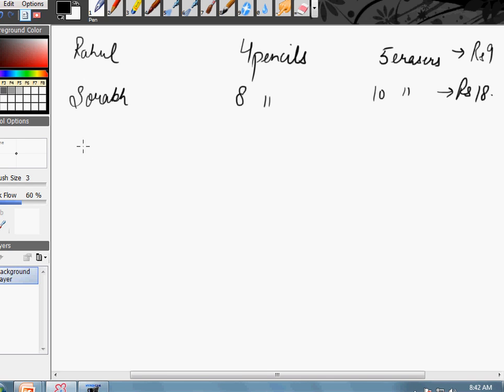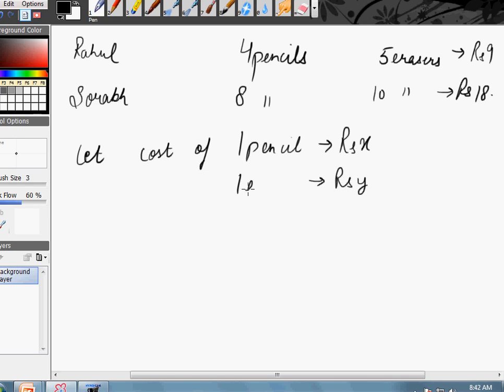To represent this situation, let us define the cost of one pencil be rupees x. Similarly, rupees y be the cost of one eraser.